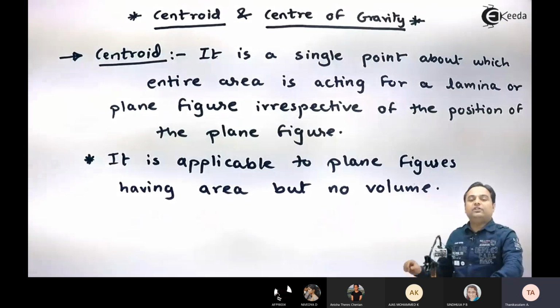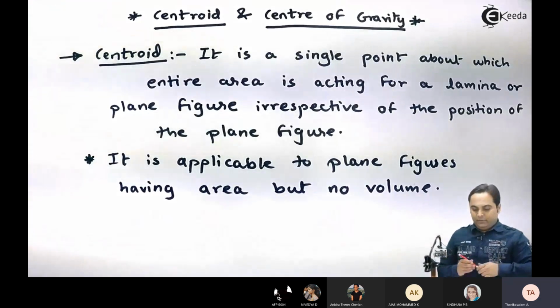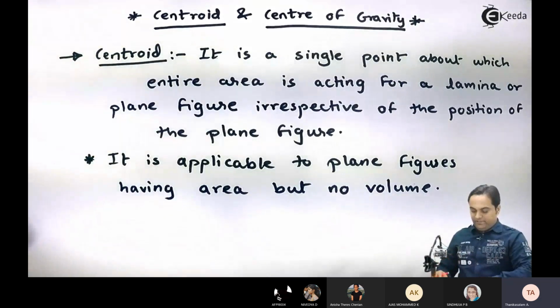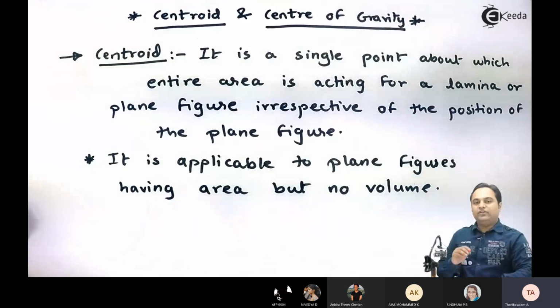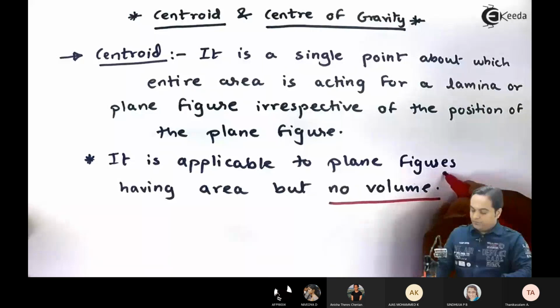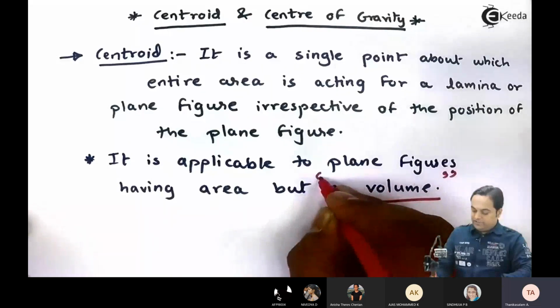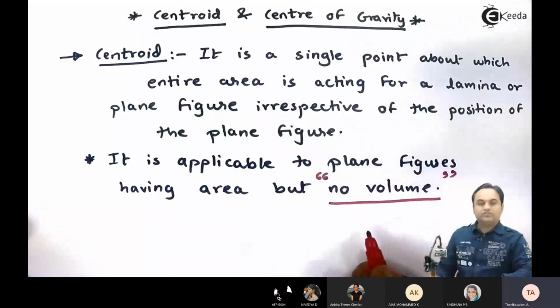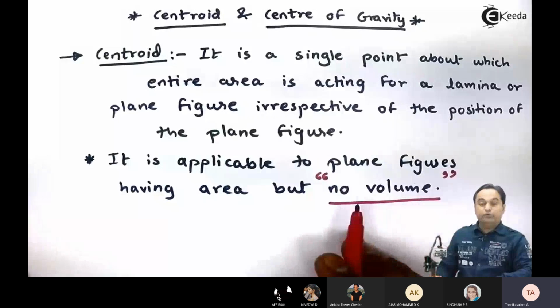So here I have clearly defined what is centroid. When you talk about centroid, you are talking about a figure which has area but which has no volume. So by no volume, it is clear that it is not a solid but a fluid.